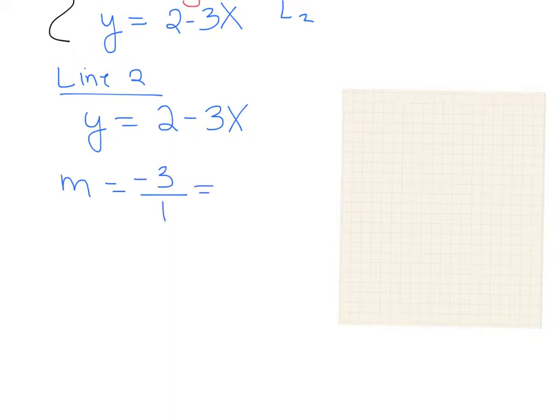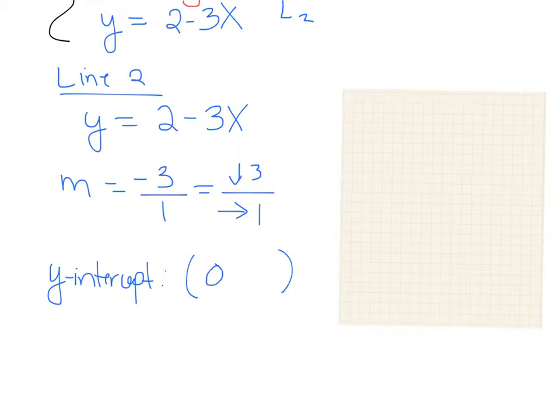We want to write the slope as a fraction because we're thinking of rise over run. So this is up 3 or down 3, and it's negative, so it's going to be down 3, and to the right 1. What is our y-intercept? Well, that's the point where the line crosses the y-axis, hence the name y-intercept.